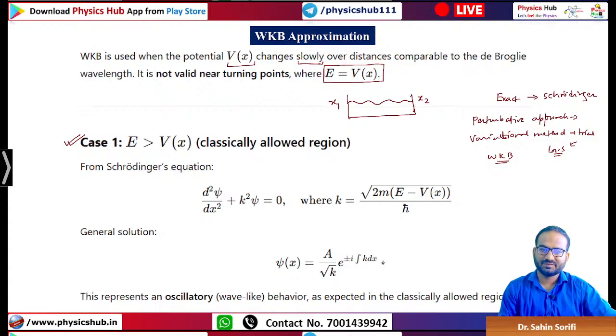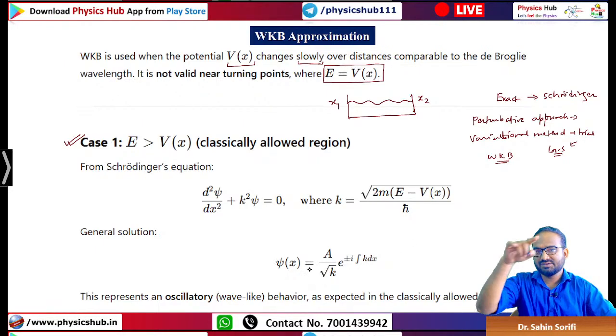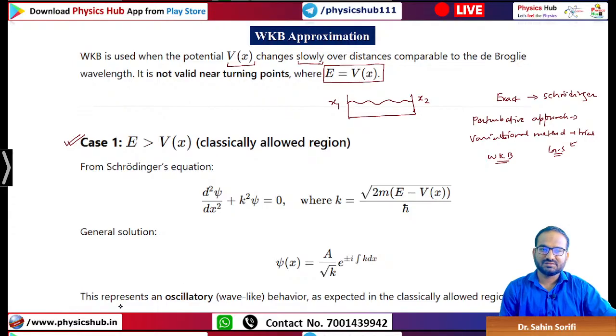This represents e to the power plus minus i kx, so it is oscillatory in nature, sine and cosine, as expected in the classically allowed region.